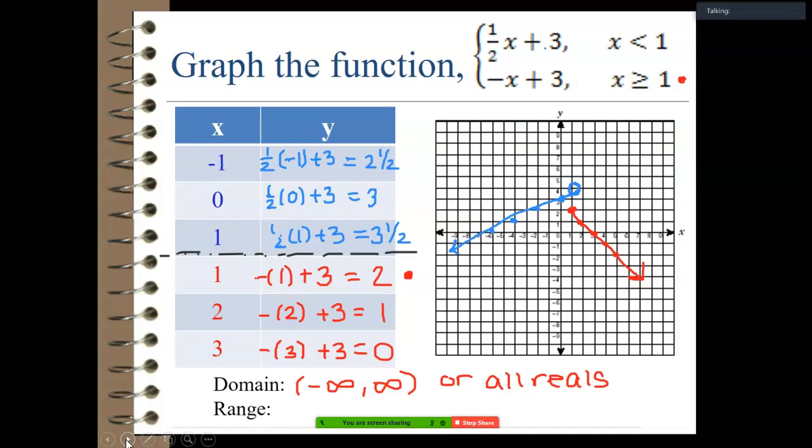So what it means is we're getting infinitely close to the 3.5, but we never quite get there. So my range is all the y values less than, but not equal to, the highest point on the graph, which is 3.5.